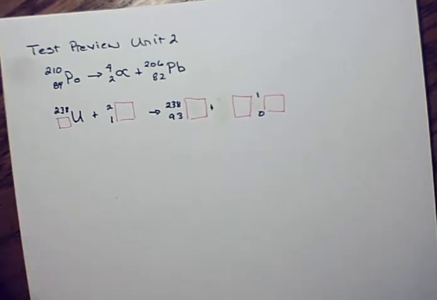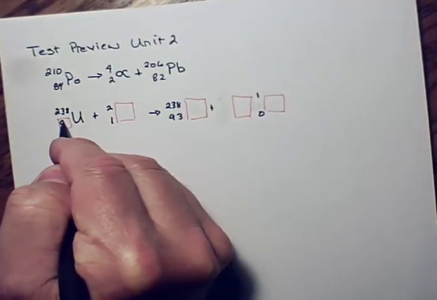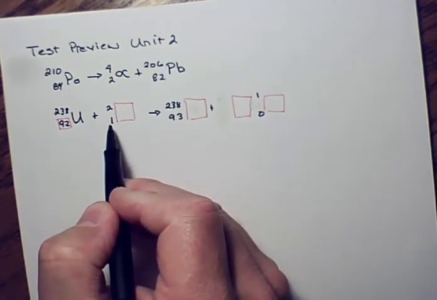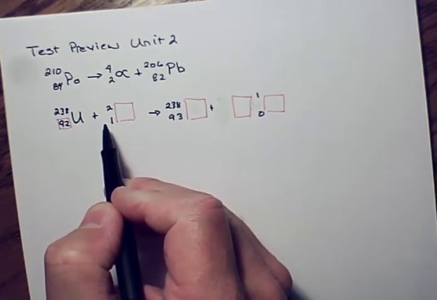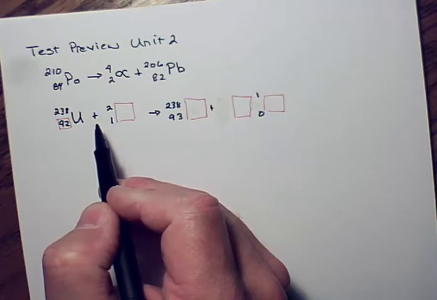Okay, so we have uranium, and uranium's atomic number is 92, and so our atomic number, our proton number, goes down here. The particle that has 1 proton, and there's only one, is some form of hydrogen.